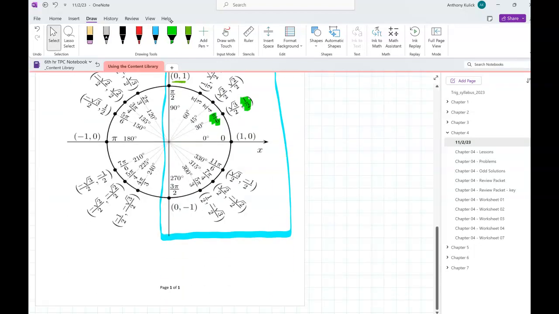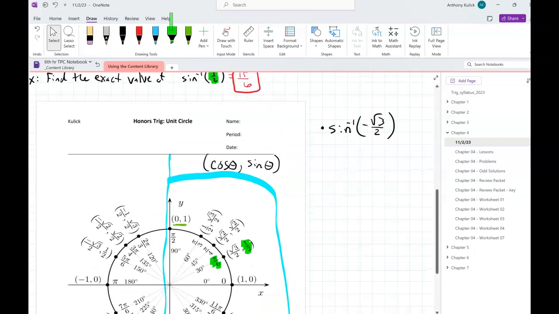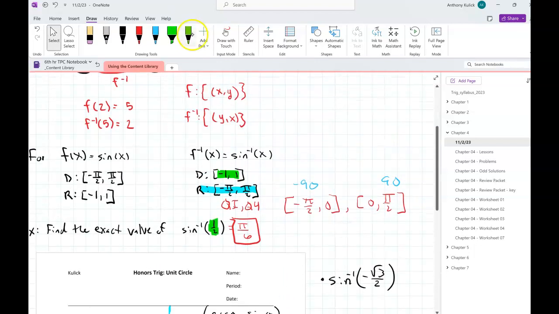So we're looking in quadrants 1 and 4 for where the y coordinate is negative root 3 over 2. How do we know what quadrants? It had to do with the range for our function. So for sine inverse, we're always looking in quadrants 1 and 4.